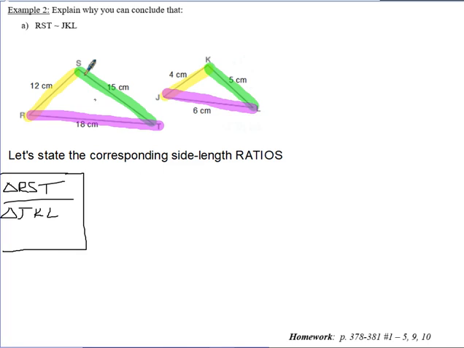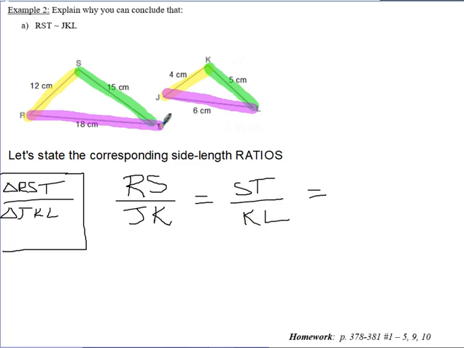So, for example, let's start off with RS. And again, I usually just go in alpha order. RS corresponds with JK. ST corresponds with KL. And TR corresponds with LJ.